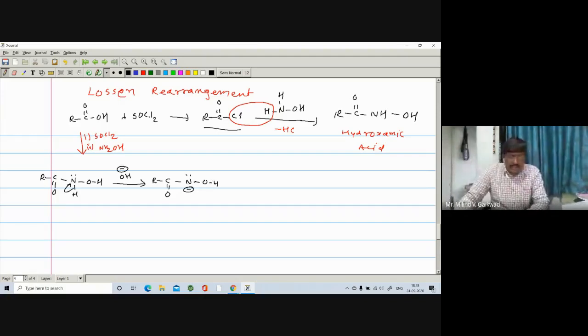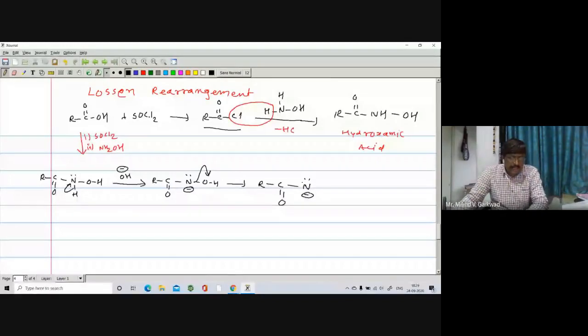Then further, this will open here, and there is a formation of R C double bond O, and here is N, here is a negative, and here there is a lone pair.